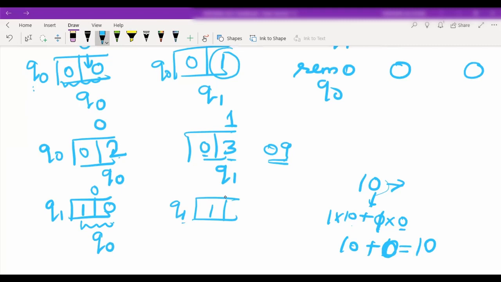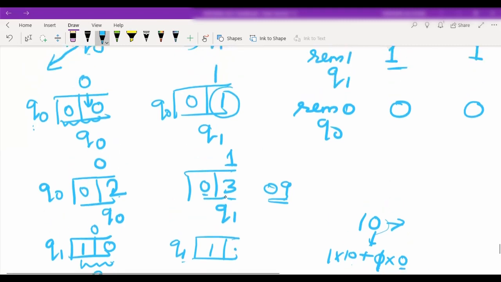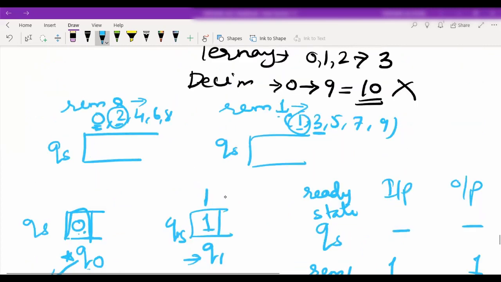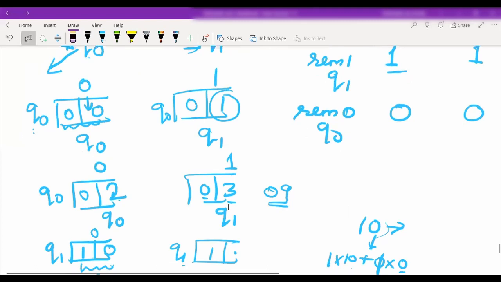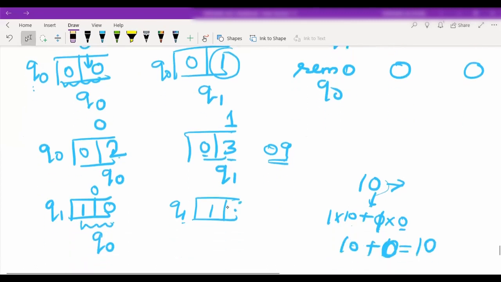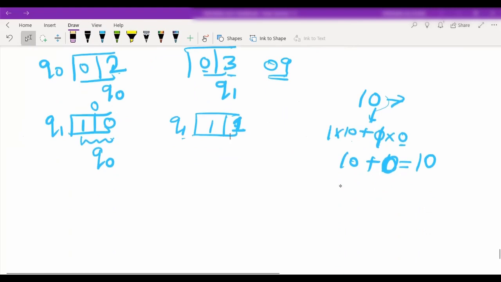Now Q1 with the next bit from the set remainder 1. So the next bit, for example, I am taking 1. If you take number 1, which number is created here? As this is the decimal number system, this number will be at the unit place, and this number will be at the 10th place.